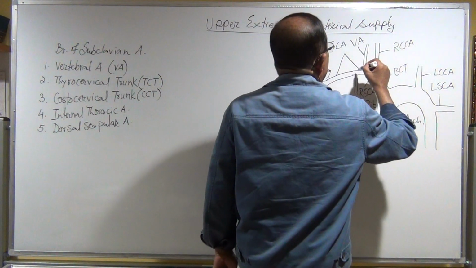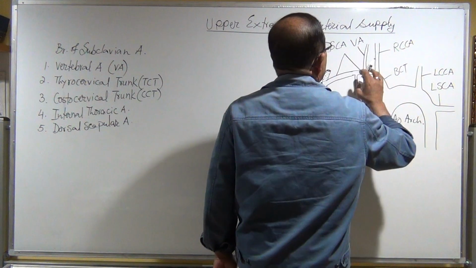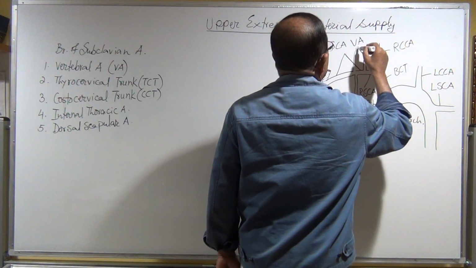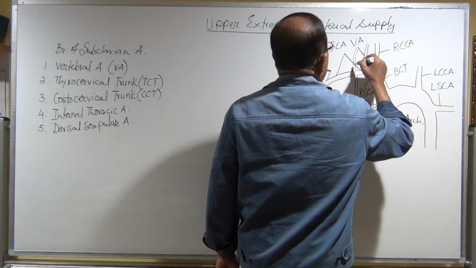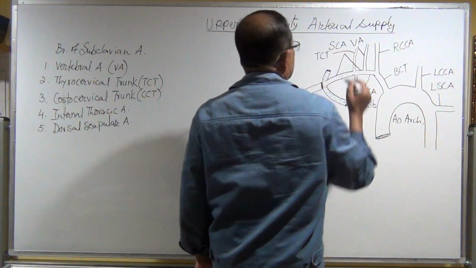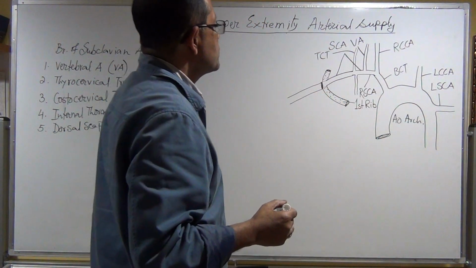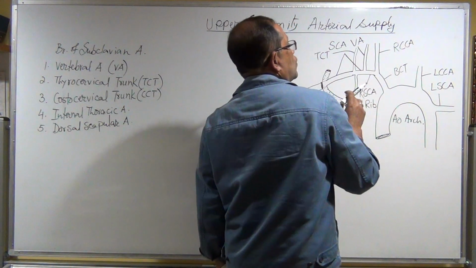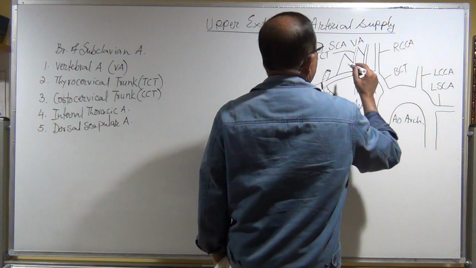And the second branch parallel to the vertebral artery is the thyrocervical trunk. Then another artery called the costocervical trunk.